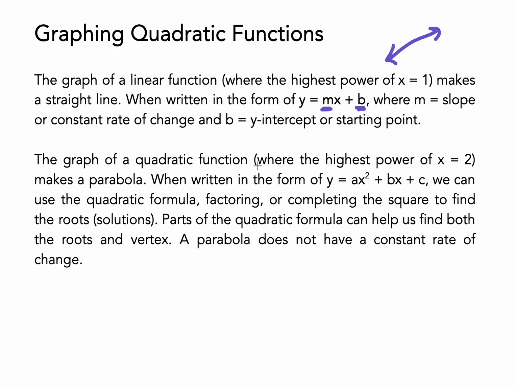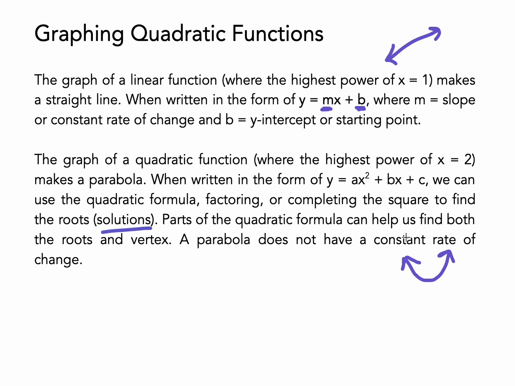So now the graph of a quadratic function makes a parabola. And a quadratic function has the highest power of x being 2, where you have the squared. When it's written in the form of y equals ax squared plus bx plus c, we can use the quadratic formula, factoring, completing the square, whichever method to find the roots or the solutions.